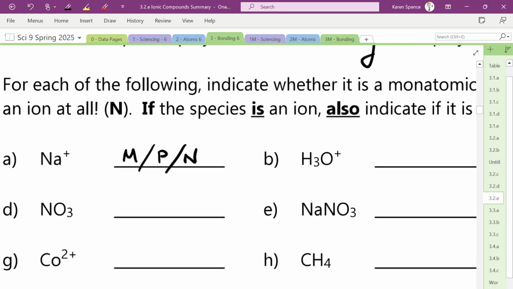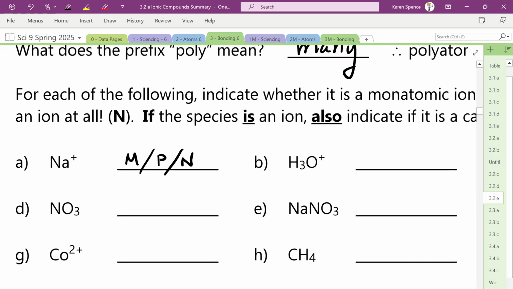How about this first one? Let's do the first one together. Is it monatomic? Is it polyatomic? Or is it not an ion at all? It's monatomic because we just have Na. There's no little number at the bottom, so that is monatomic.